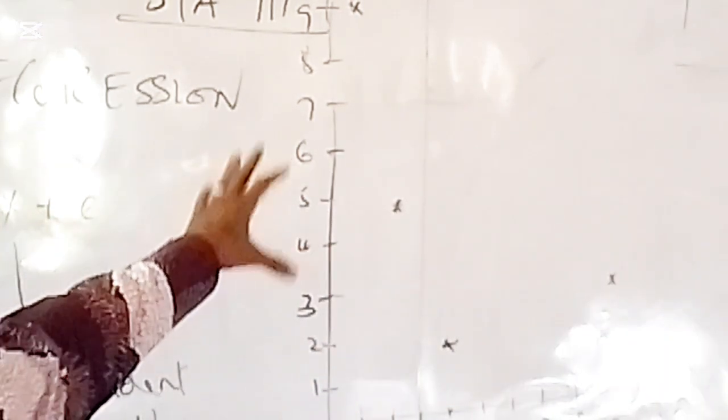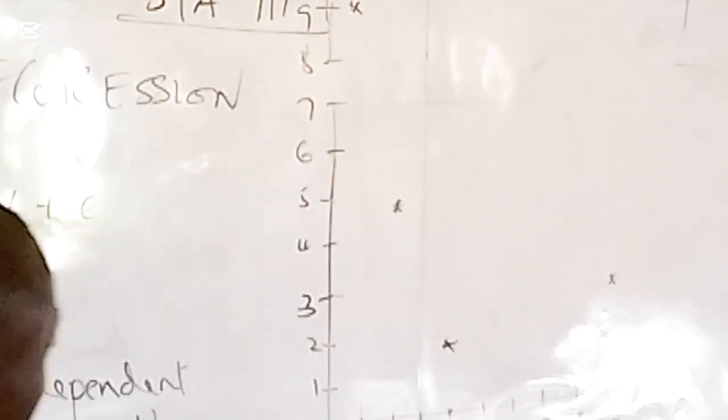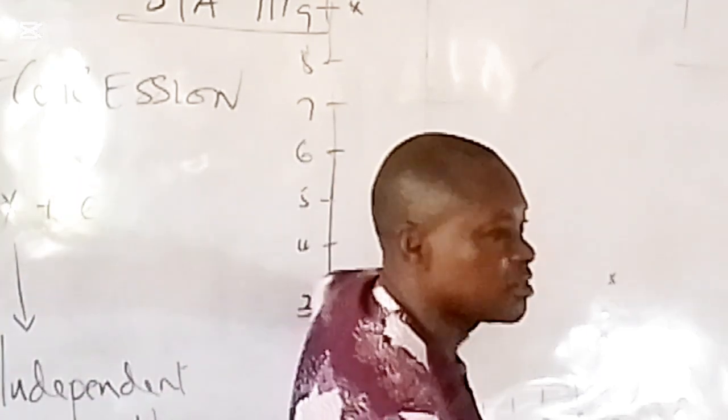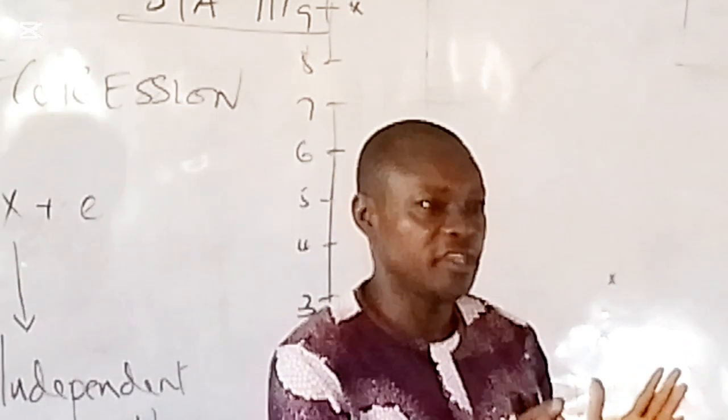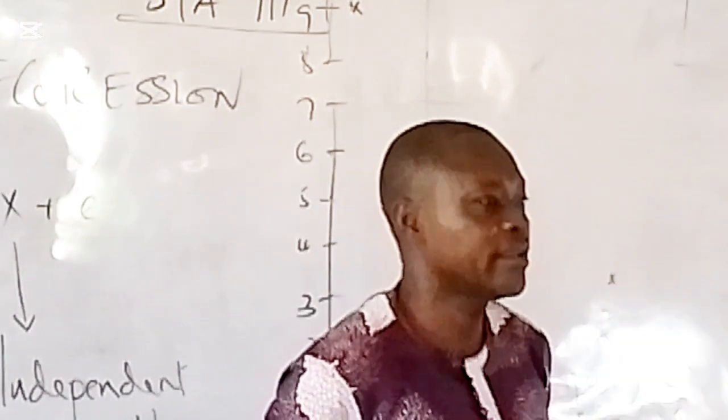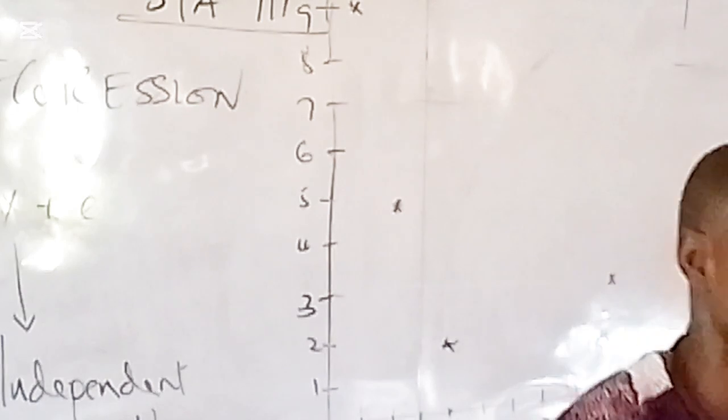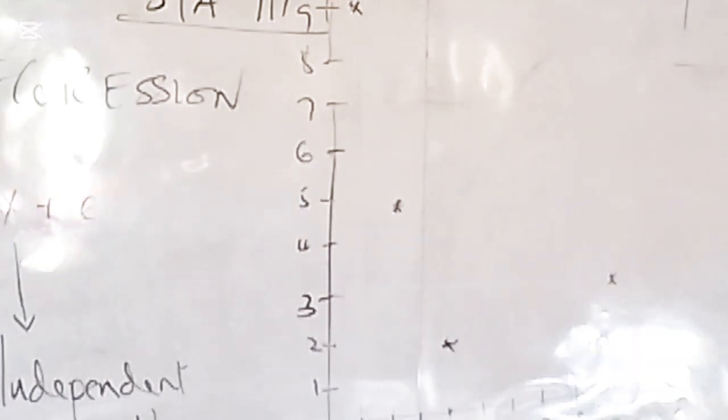But this is one way of representing it. If the plots, the points in there, are close to a straight line, we use a straight line to determine what we call the line of best fit. We draw a line of best fit to determine the relationship between y and x.